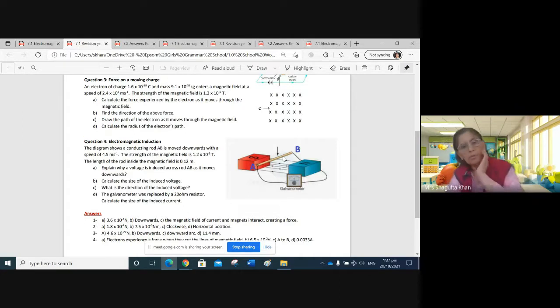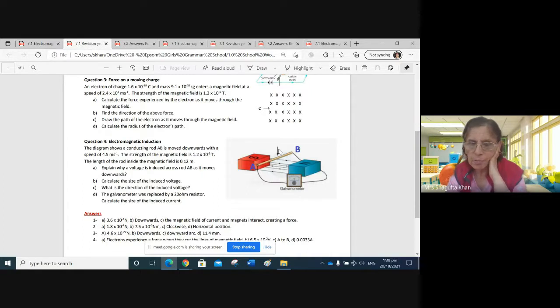So remember, the size is BVL, and to find the direction, we now use the right-hand generator rule, which is slightly different from the right-hand slap rule. So now, place your right hand again. What you know are your thumb and fingers, and what we're looking for is the direction of your palm movement.